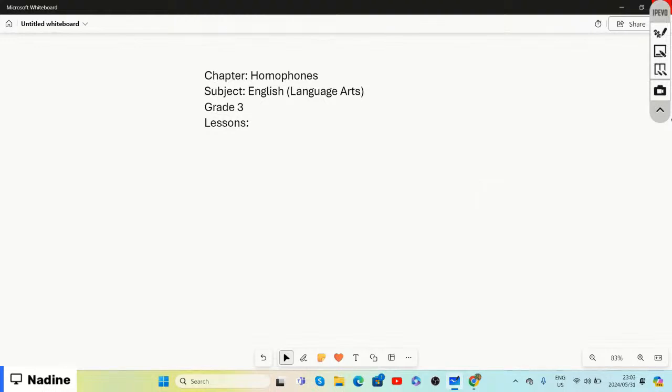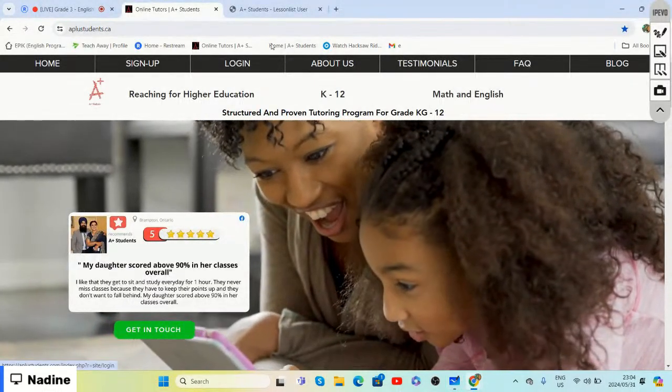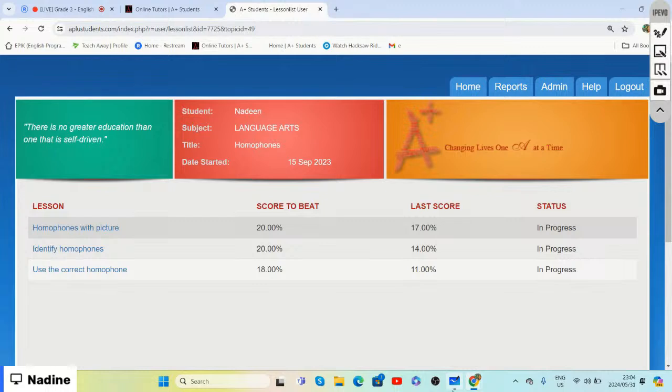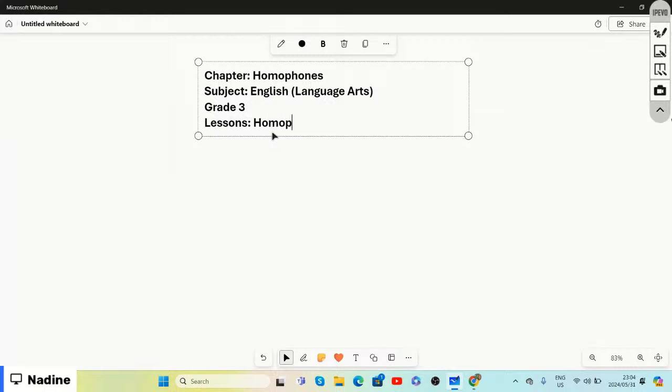Once we've selected English Language Arts, grade 3, we're going to scroll down until we get to the chapter of homophones. So our chapter is homophones, our subject is English Language Arts, grade 3.